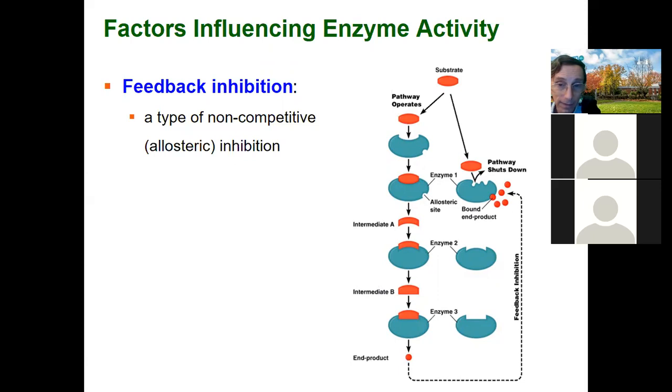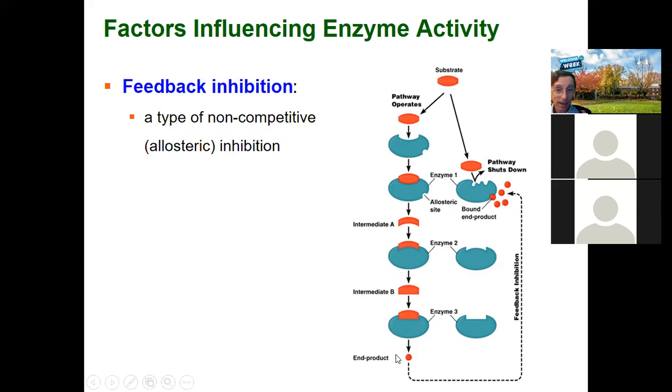Meaning if we shut down enzyme 2, the cell will make intermediate A when it doesn't need it because the cell has enough end product. Okay, so usually the cell will have the end product bind to the first enzyme and then shut it down. And that way, none of the substrate will be converted to any of the intermediates or to the end product.